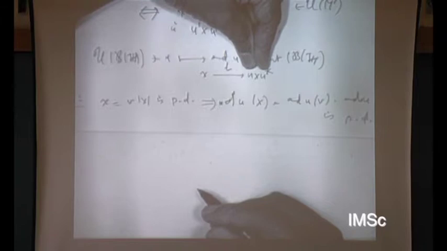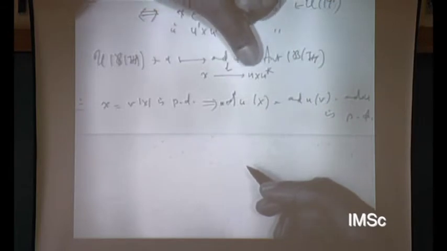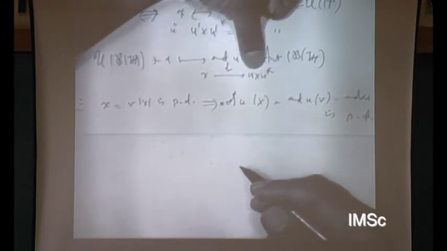See, what is the kernel of Ad U of x? In general, if you take an x and if you take Ad U of x, that is U x U star. Who will be killed by U x U star? When will U x U star of xi be 0? When U star xi is killed by x, because U is invertible. So xi is 0 if and only if x U star xi is 0.